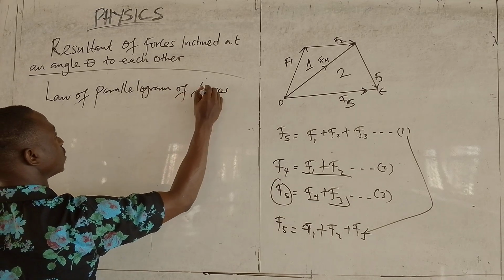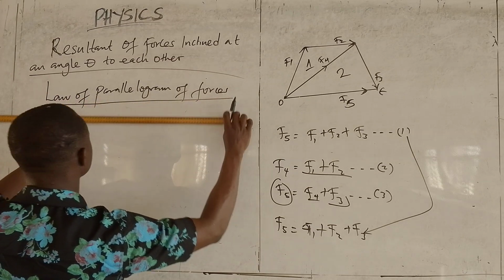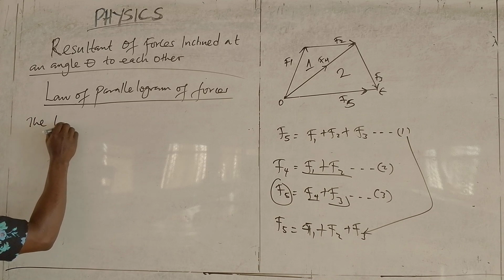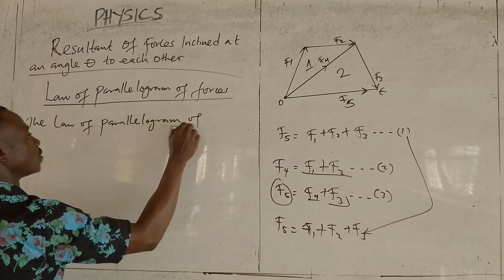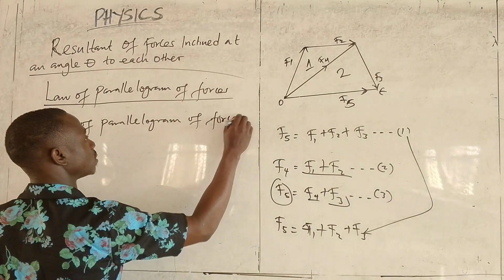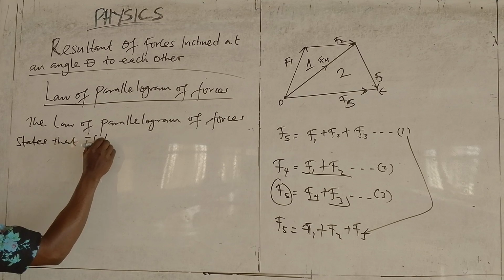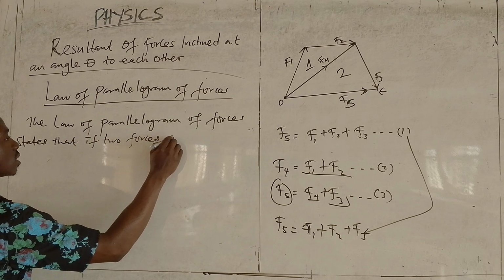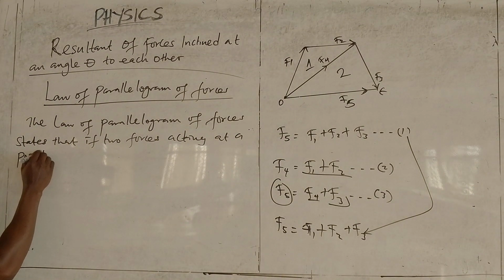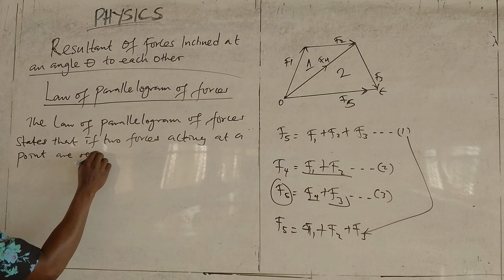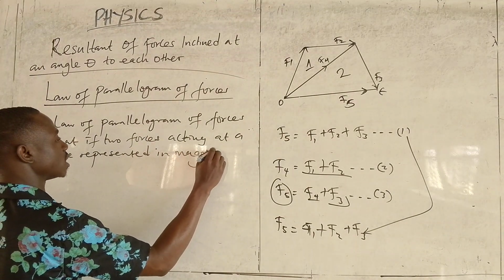of forces. And what does the law say? These are laws you must know offhand. So the law of parallelogram of forces states that if two forces acting at a point can be represented in magnitude, since it's a force, right?